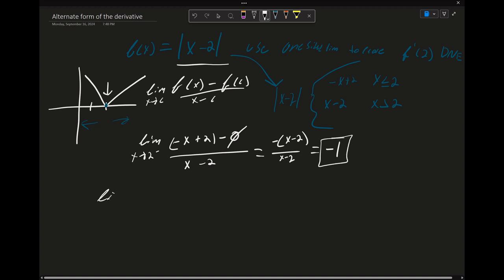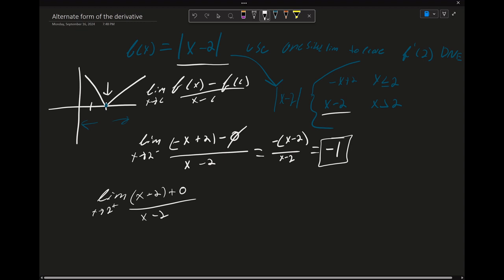And if we take the limit from the right, as x approaches 2 from the right, we use f of x again, but this time we use the second of the piecewise functions, which is x minus 2. Plugging in 2 to this equation, we also get 0. And we do this over that same x value minus c, which is x minus 2.